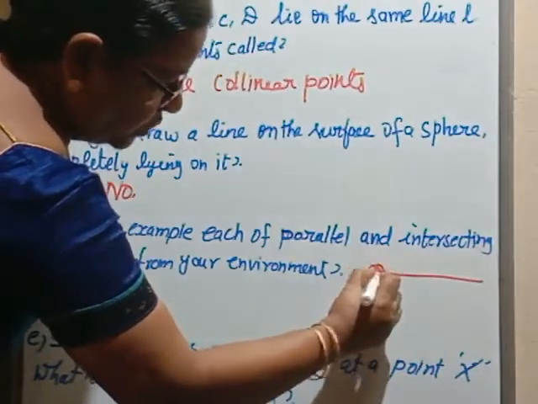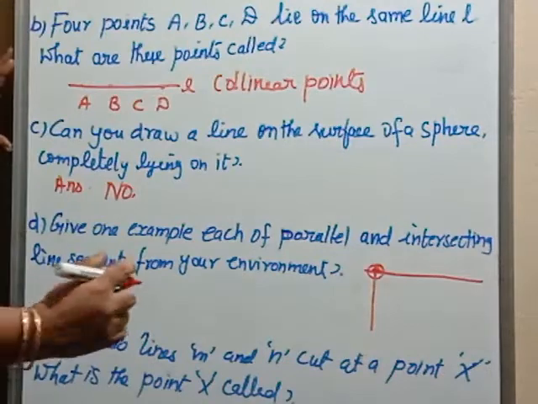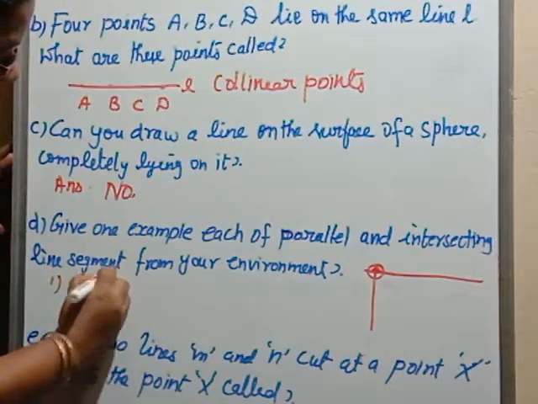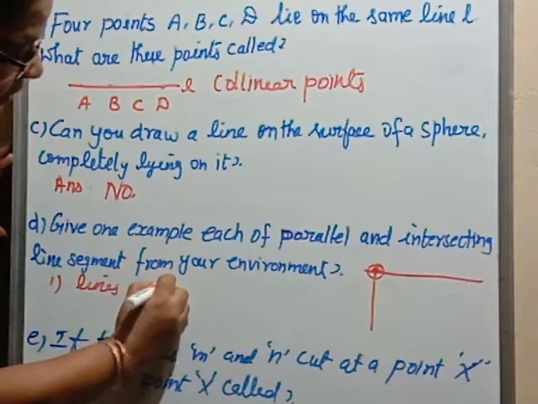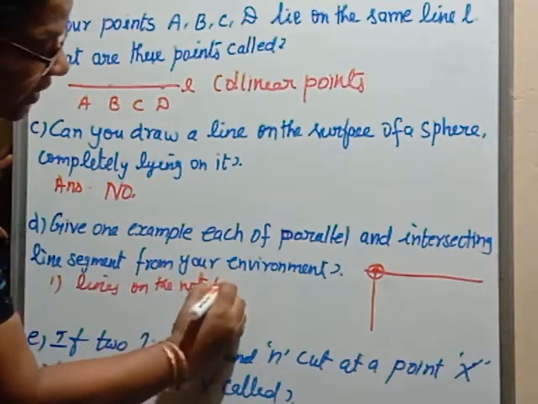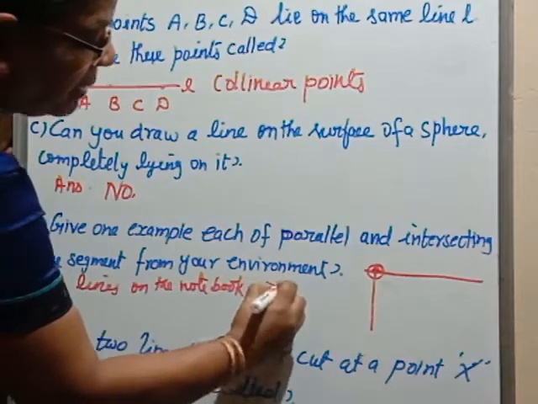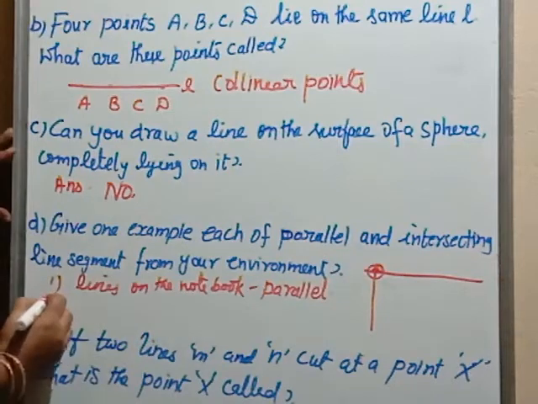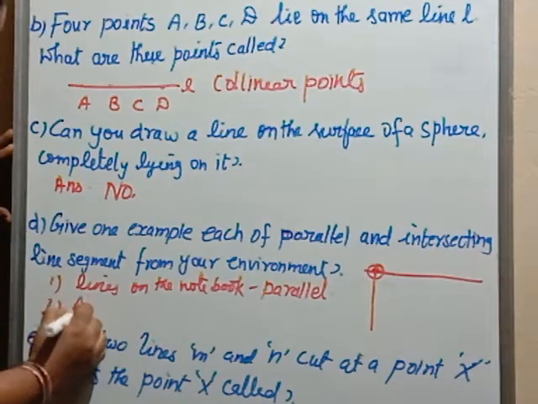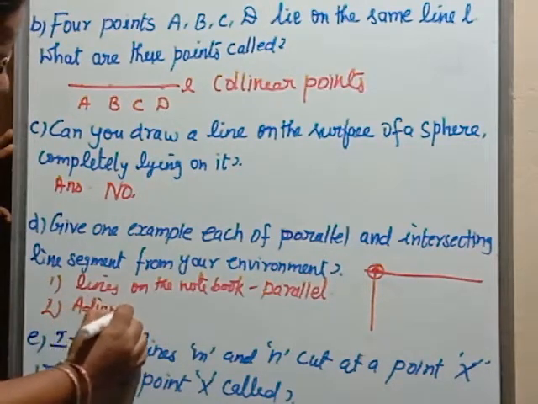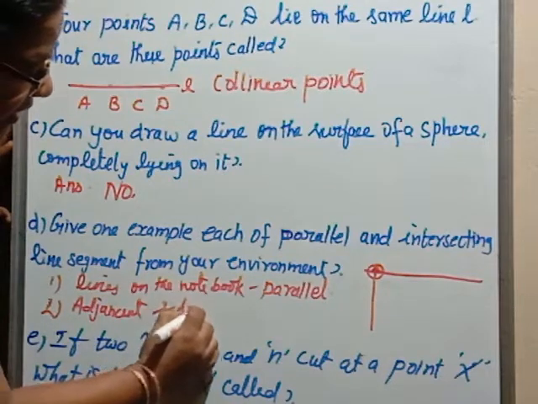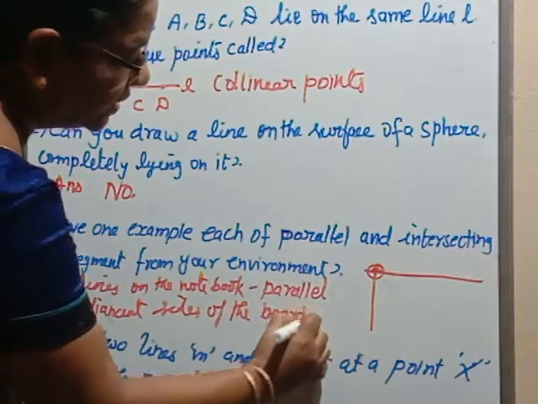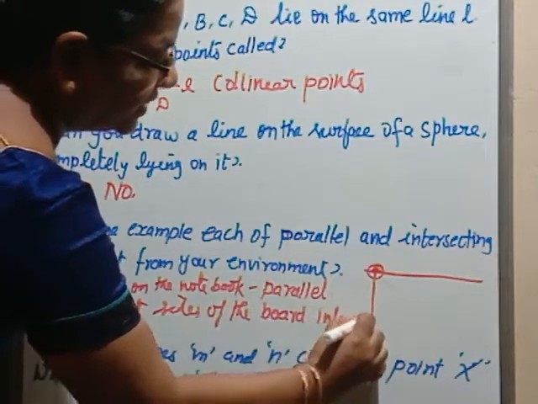You can write it in the notebook. For parallel, the staircase railing. For intersecting lines, the adjacent sides of the board are the example of intersecting.